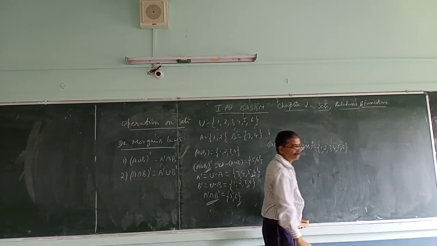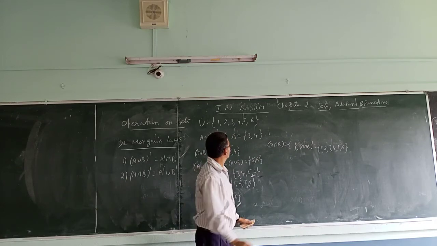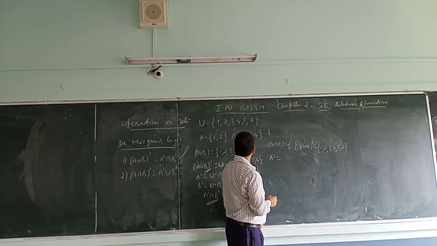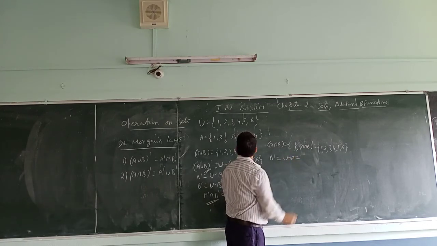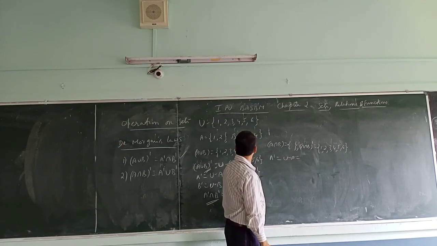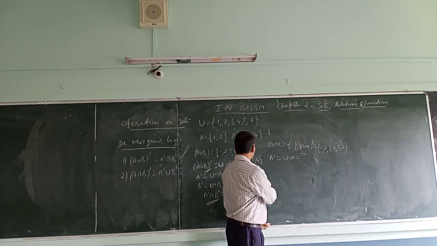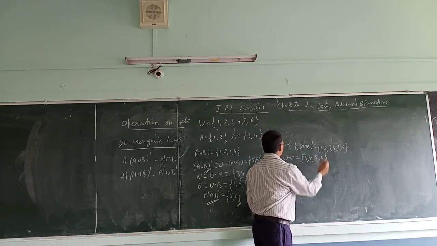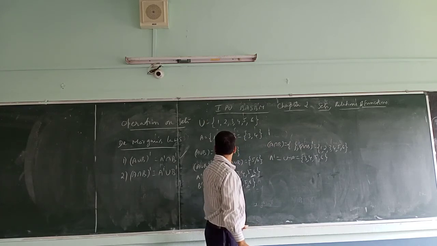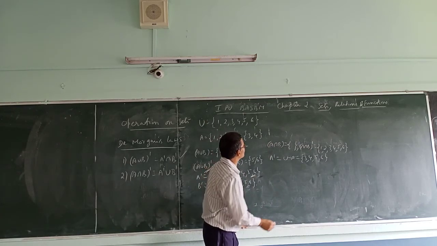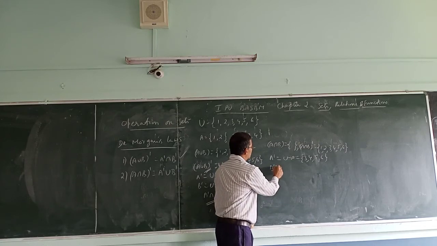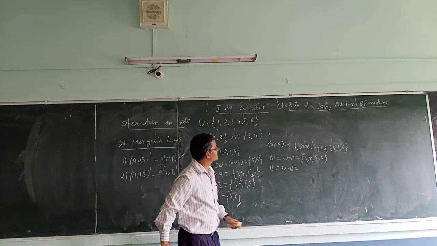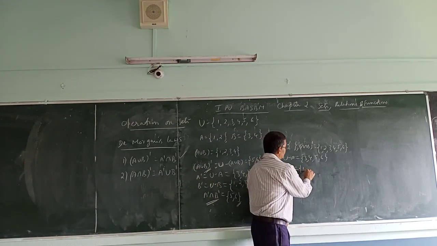Now consider the other part, A dash union B dash. A dash is the complement of A, so U minus A is {3, 4, 5, 6}. Similarly, B dash equals U minus B, which we already calculated: {1, 2, 5, 6}.